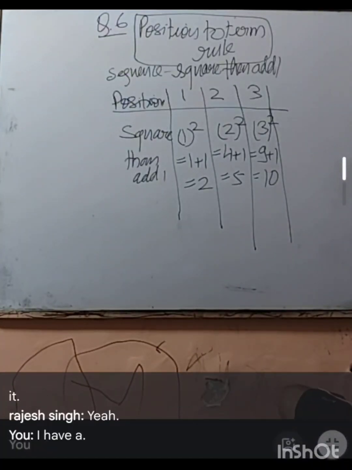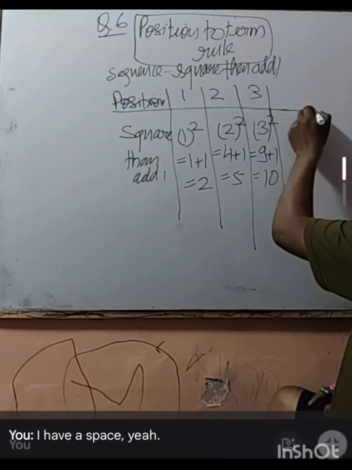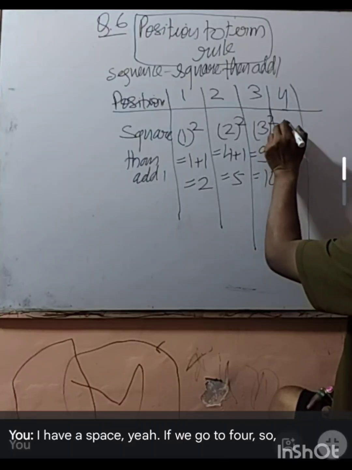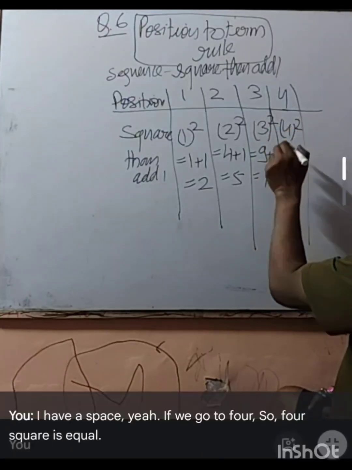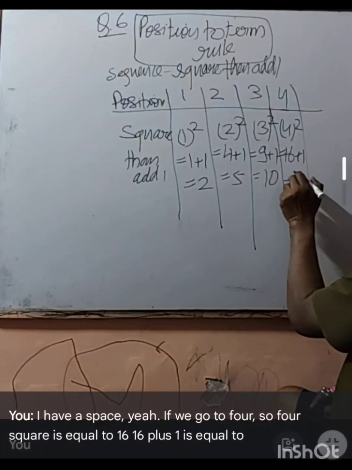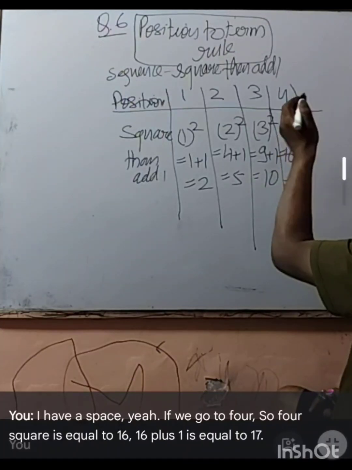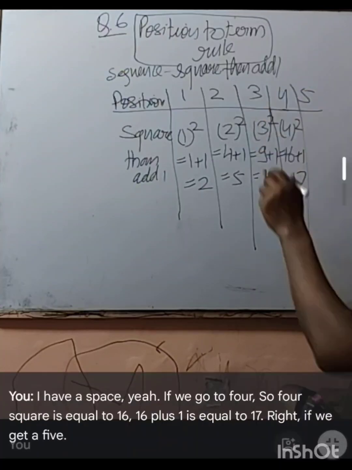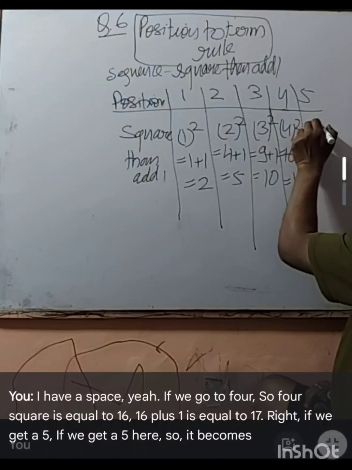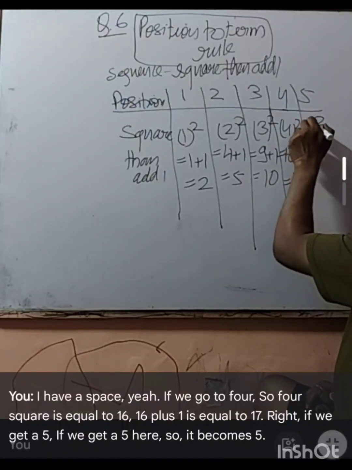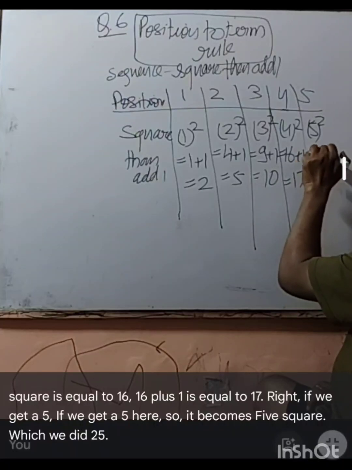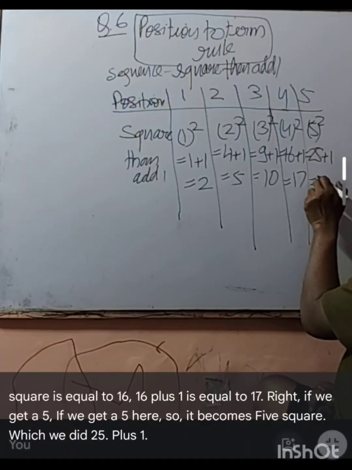If we go to 4, so 4 square is equal to 16, 16 plus 1 is equal to 17, right? If we get a 5 here, it becomes 5 square, which is 25 plus 1 is equal to 26.